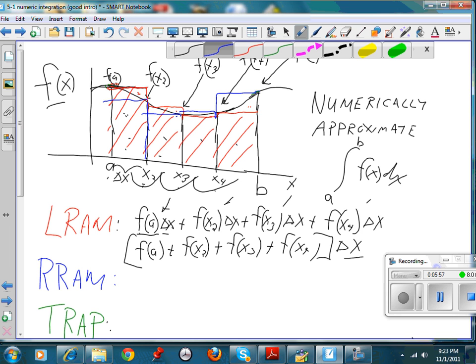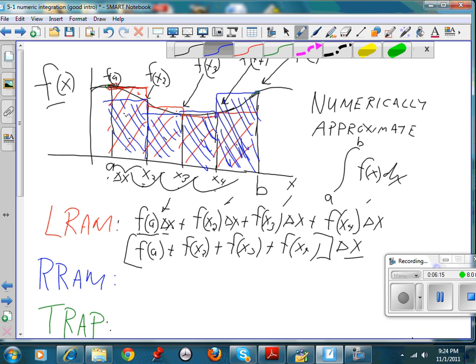So now my areas look like this. My areas now are in blue, and you see they introduce their own errors. Both the left-handed and the right-handed have their problems.